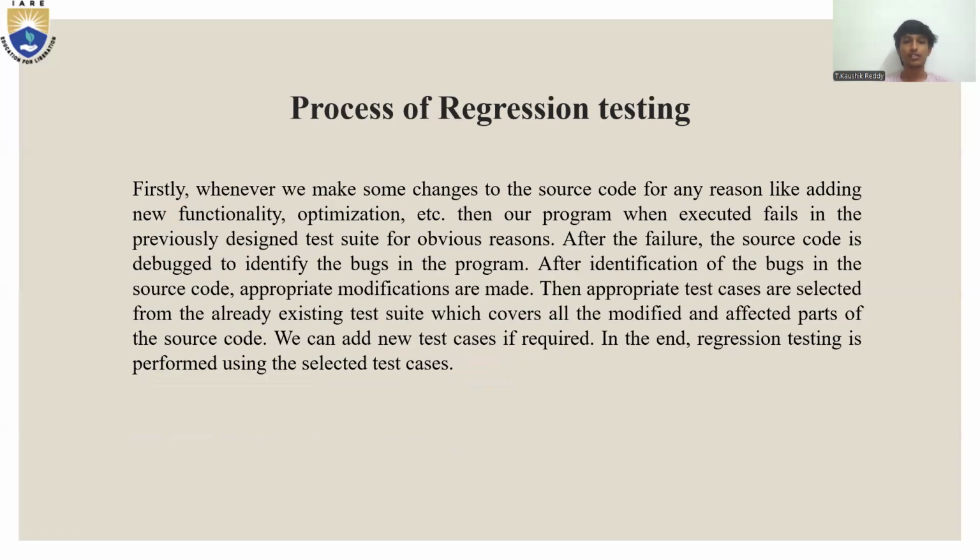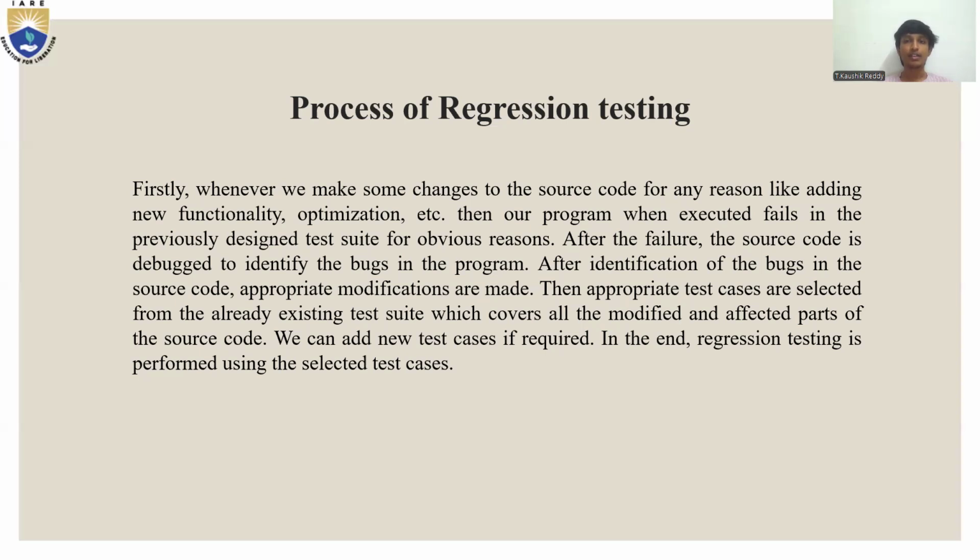Process of regression testing. So how does the regression testing work, how is the process done? Firstly, whenever we make some changes to the source code for any reason, like adding new functionality or optimization, our program fails on the previously designed test suite for obvious reasons.